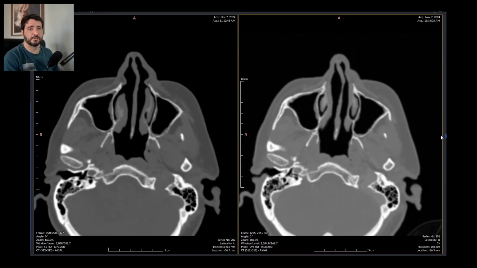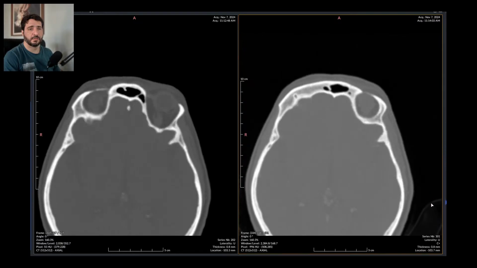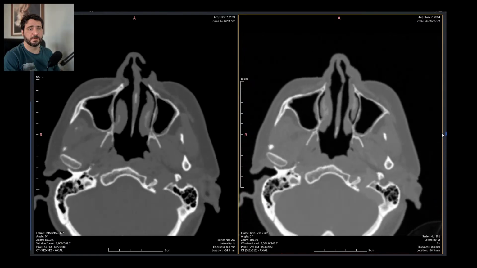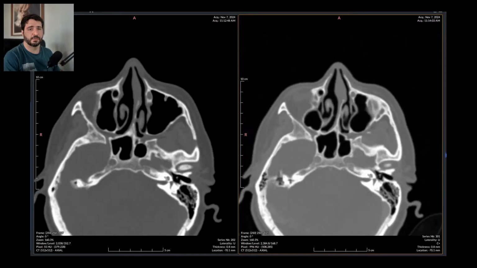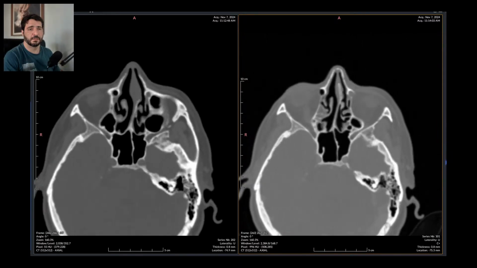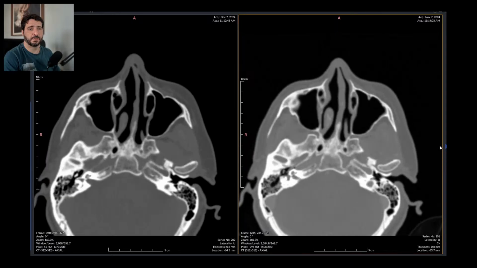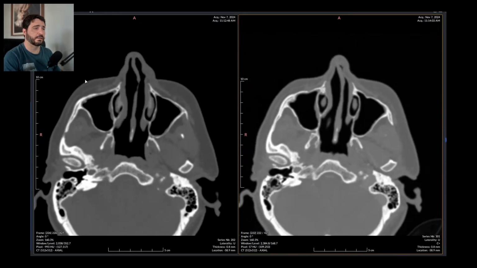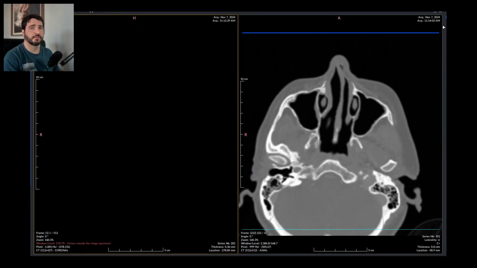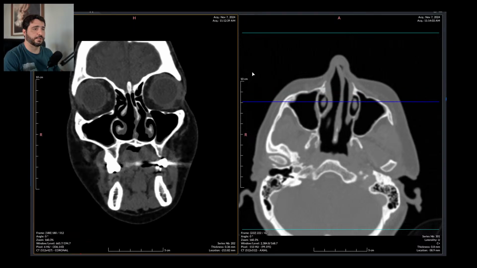You also have signs of, not chronic, but some sort of sinusitis. Nothing major. Can't really say there is a mass of any sort here. Just going to put a coronal view here so we can be sure.